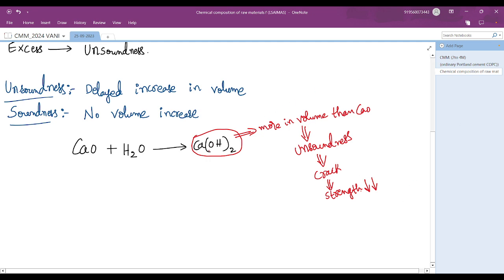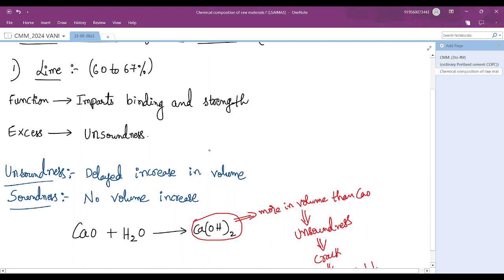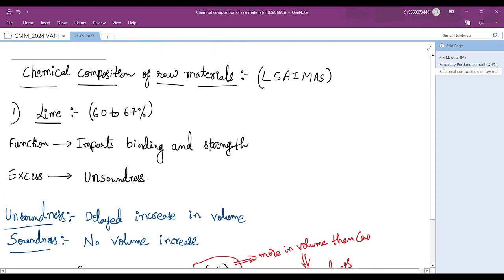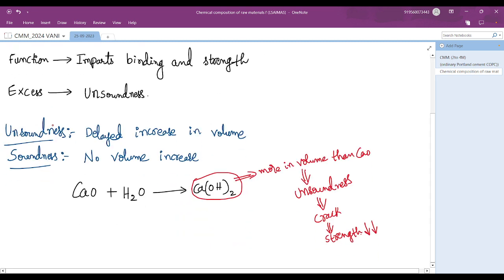So that is the function of lime and the effect of excess of it. Obviously, deficiency of lime will also cause reduced strength, whereas excess of lime will also cause reduced strength finally. But first it induces unsoundness, and because of that unsoundness, finally there will be a reduction in strength.